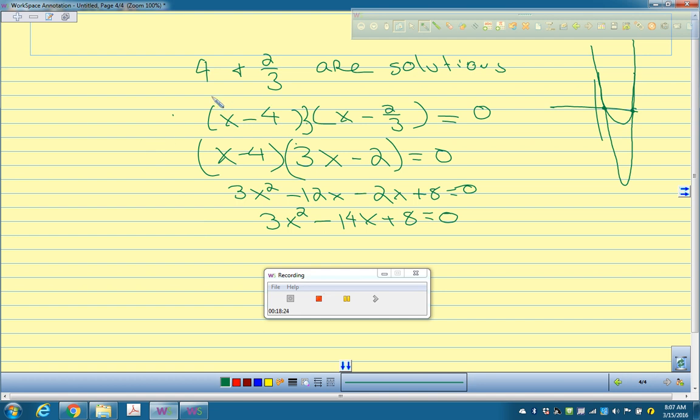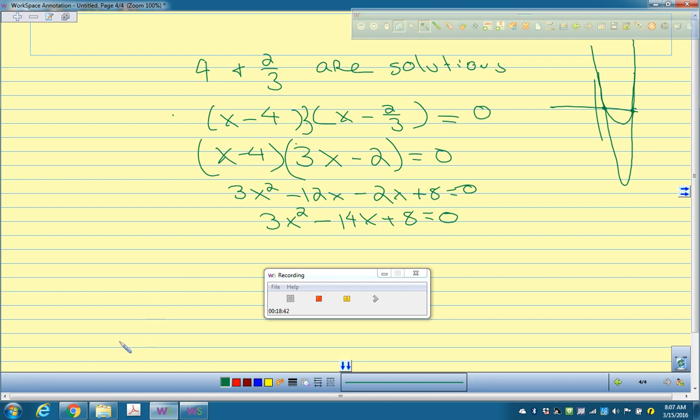So we'll talk more about the graphs later on, but this equation would look more like this one, and this equation will look more like that one, but it still has the same solution. See? It goes through the same points, because they're just asking for an equation.